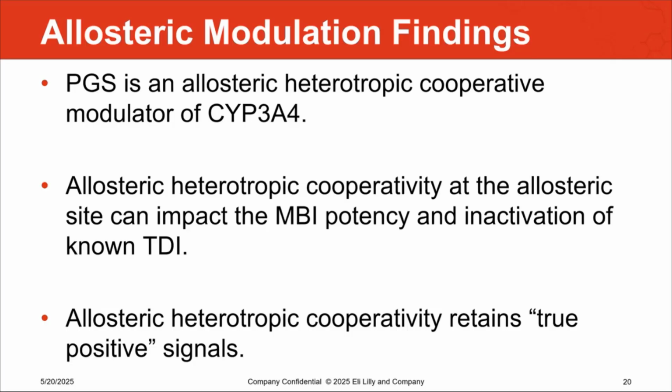But most importantly, we still retained a positive signal. Even at high concentration of progesterone, we still see the time-dependent mechanism-based inactivation, which is a good thing because we don't want to alter conditions where we now have a false positive, a true positive signal that is eliminated, that we would then move forward and may potentially have risk later on.